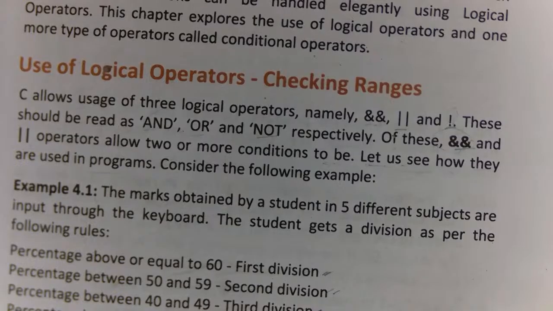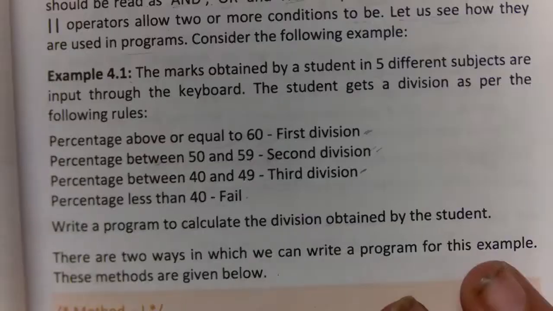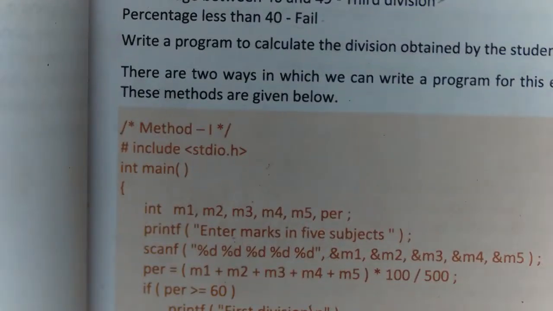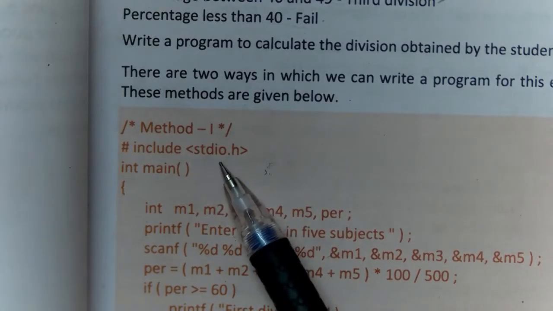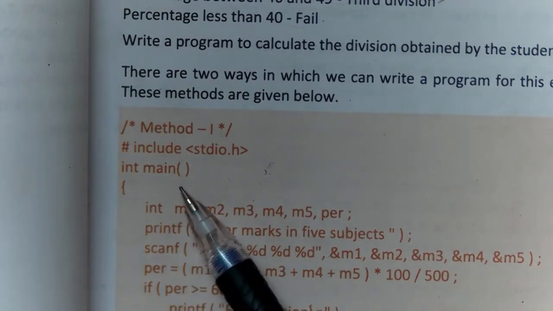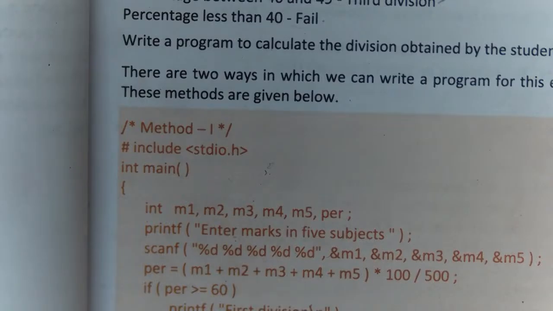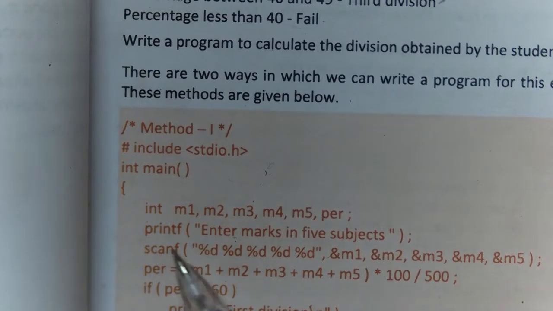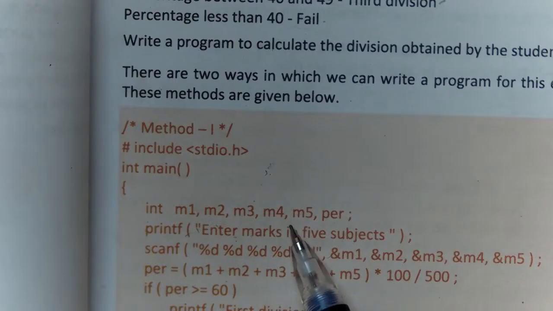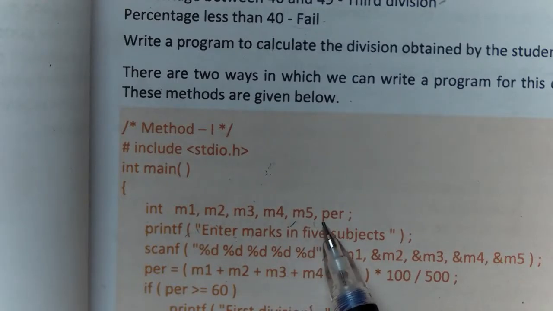So, we include stdio.h, int main, and int m1, m2, m3, m4, m5 and then the percentage.